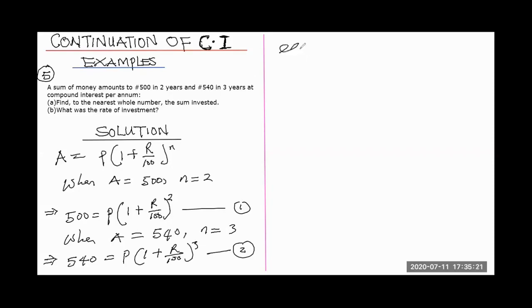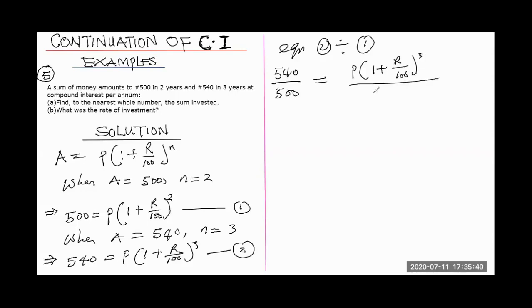So now we say equation 2 divided by equation 1. We can do equation 1 divided by equation 2 so long as one of the variables is eliminated. Equation 2 is 540 divided by 500 on the left hand side, equals, on the right hand side, P into 1 plus R over 100 raised to power 3, and on the right hand side of equation 1, P into 1 plus R over 100 raised to power 2.